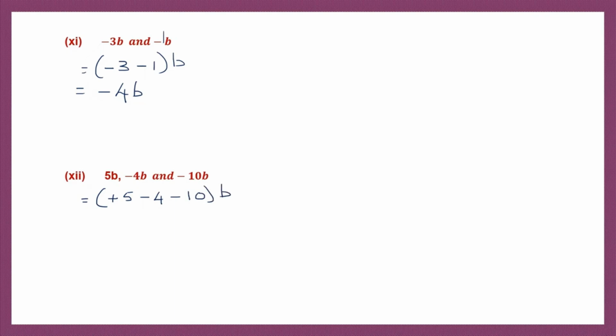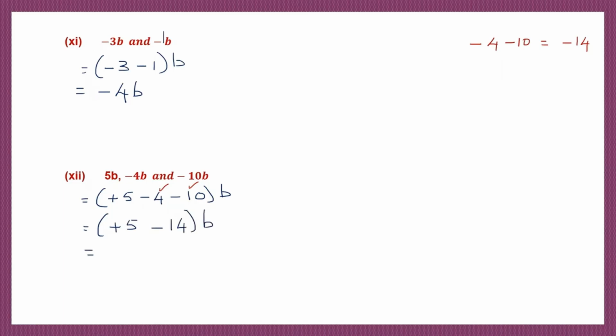So let me take the two minus signs together, minus 4 and minus 10. When signs are the same, put the same sign and add. 10 plus 4 is 14. So I get minus 14. So here it will be plus 5 minus 14b.